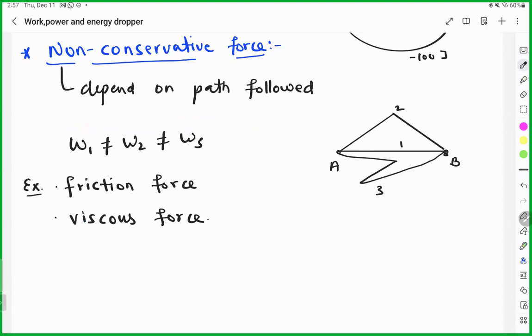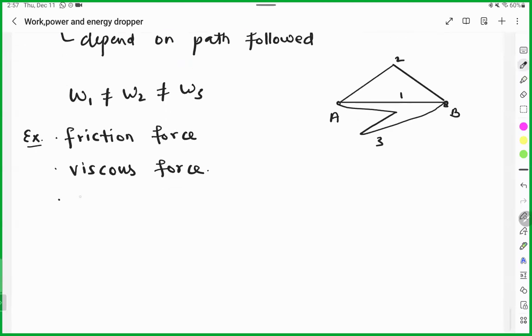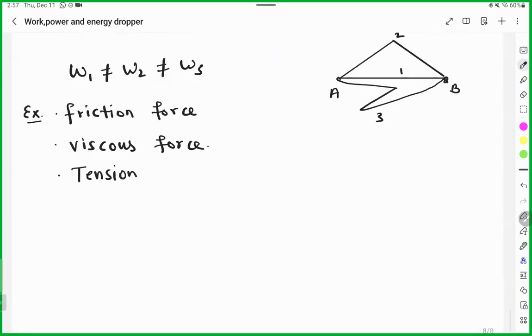Sir, I'm not sure. Chandana, what is the difference between the frictional force and viscous force? No, sir, I'm not sure.